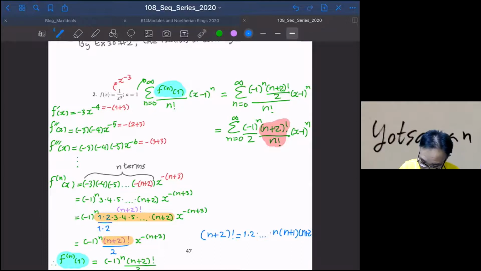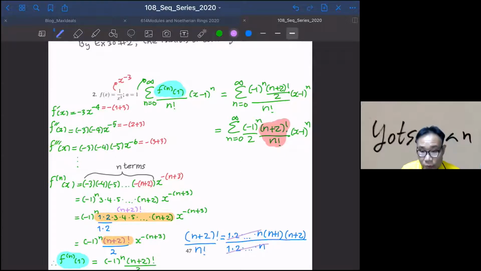So you're going to divide by n factorial, and n factorial is 1 times 2 times until n. So you just get rid of these two guys, and the thing that you have left turns out to be the yellow guy. I'm going to copy the yellow guy up there.